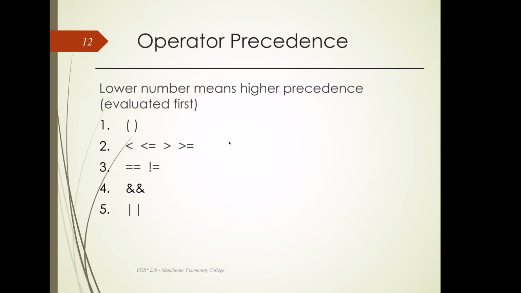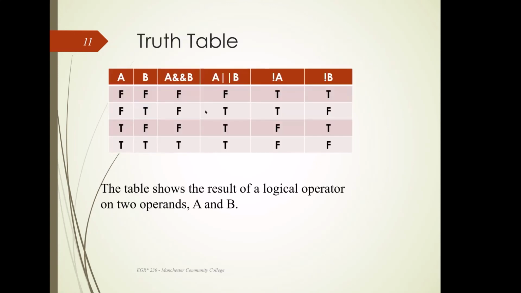When we're talking about operator precedence, page 114 also has a table that shows you the operator precedence and logical operators. So let me go back up to this. You also find this on table 3.1 on page 111, and there's an expression on that page also you can go through and evaluate.